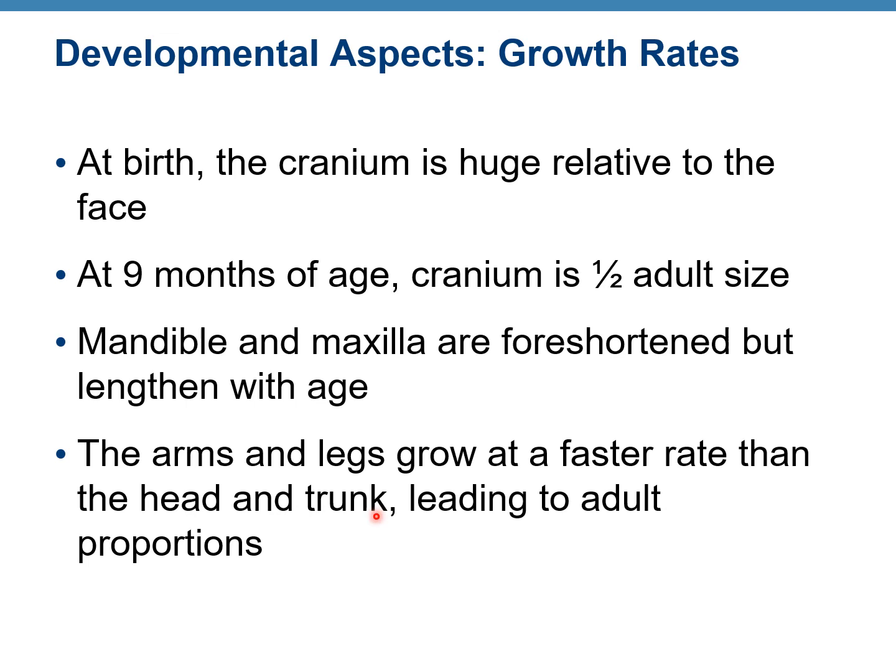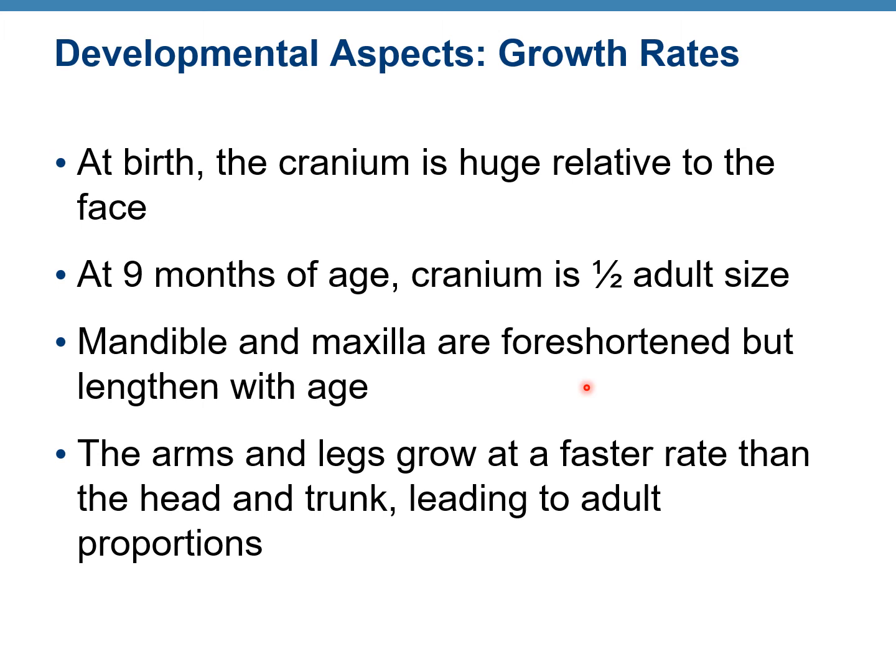The arms and legs grow at a faster rate than the head and trunk, leading to adult proportions. Actually, if you have a baby, or a niece or nephew, or any little infant or toddler, you can ask them to raise their hands, and you can see how much shorter their arms are in proportion to other body parts compared to adult proportions.